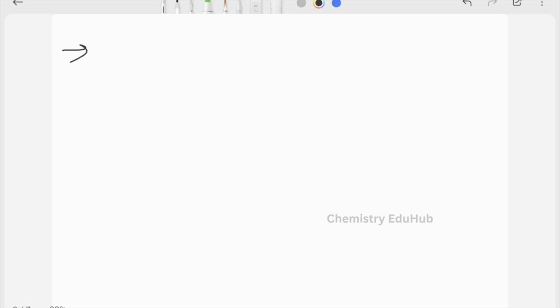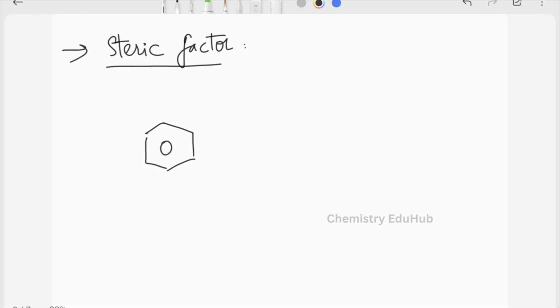Let us see the most important factor that affects the basicity of aromatic amines, that is the steric factor. Now what is the steric factor? Steric is nothing but the arrangement of groups in the space. So when they are arranged in the space, how are they going to behave? If the space is available or not, if there is any hindrance to their movement, that is nothing but the steric factor.